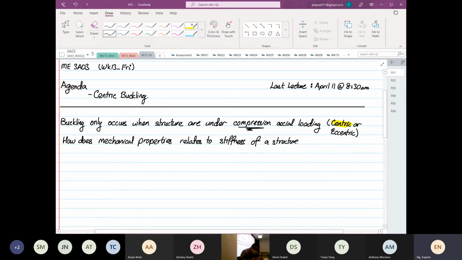So two words to focus on. One is mechanical property and how is stiffness affecting mechanical property. Okay, so let's focus on a structure under compression.